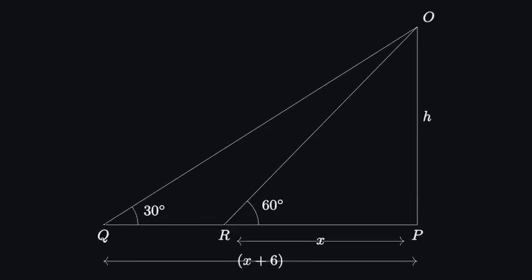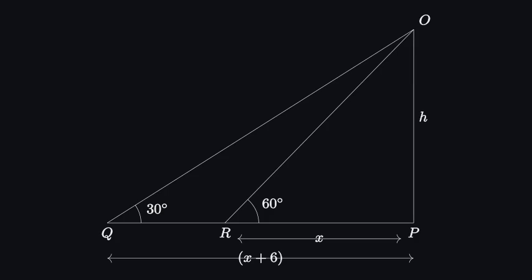Study the diagram carefully. This prepares us for the next step. OP equals h. RP equals x. QP equals x plus 6.